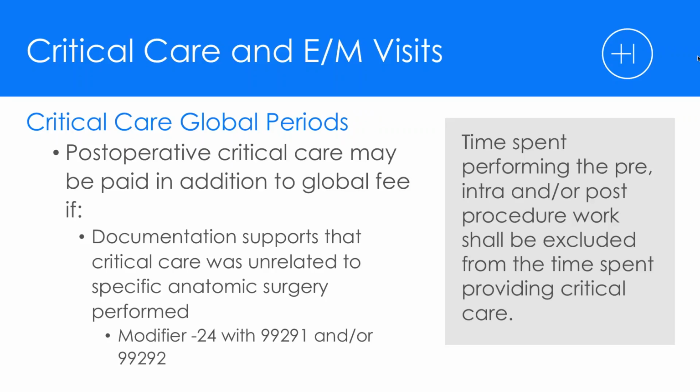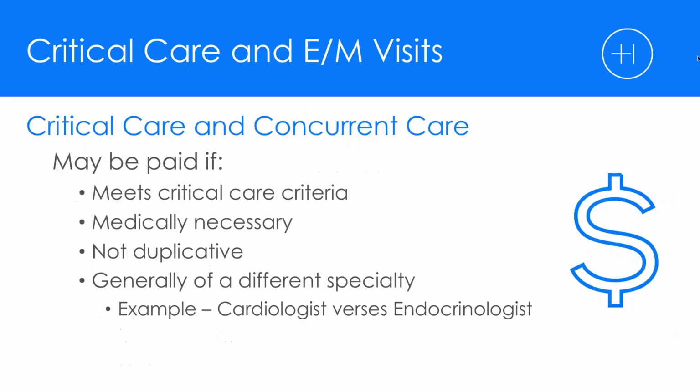Documentation, again, has to support that it was unrelated to the specific anatomic surgery that's performed, and modifier 24 would be reported on the code set as appropriate. Again, time spent performing the pre, intra, and post-procedure work is excluded from the time spent providing critical care, as long as that has to do with something else, right? So you need to remember that time criteria and look over this information, be familiar with it so that you're able to properly assign your codes here.